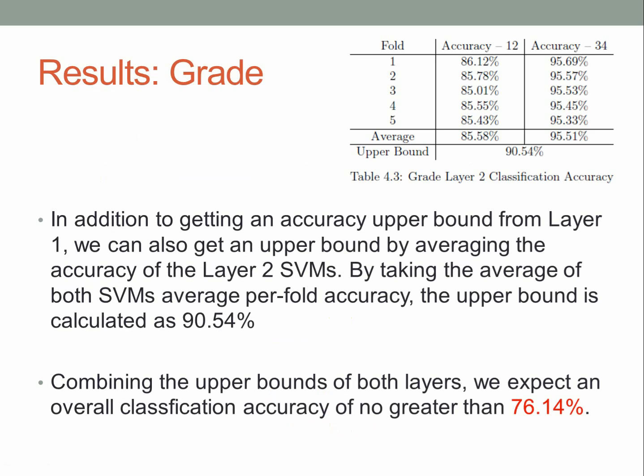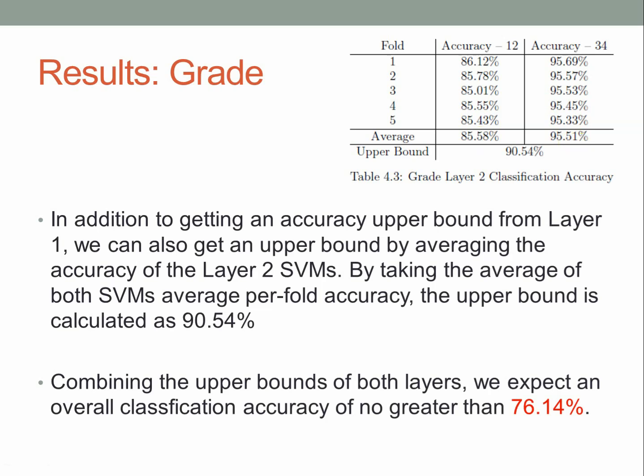Now, if we take a look at the second layer, the left one as well as the right one, one is predicting the category of 3 and 4, which means 90 to 94 or 95 to 100, versus 1 and 2, which is below 84 and between 85 and 89. Based on those 2 SVMs, we get an accuracy of 85% on SVM number 3 versus 95% accuracy on SVM number 2.